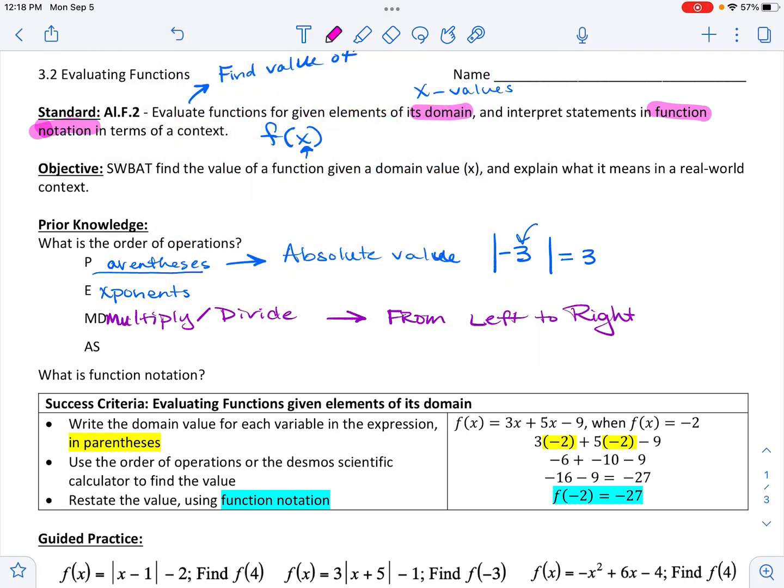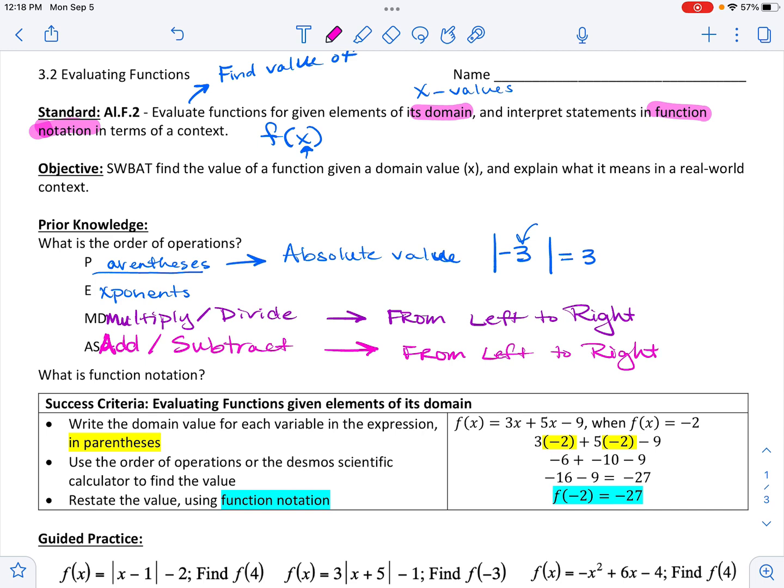And then we have our add or subtract. And again, we are doing this in the order that we see from left to right.